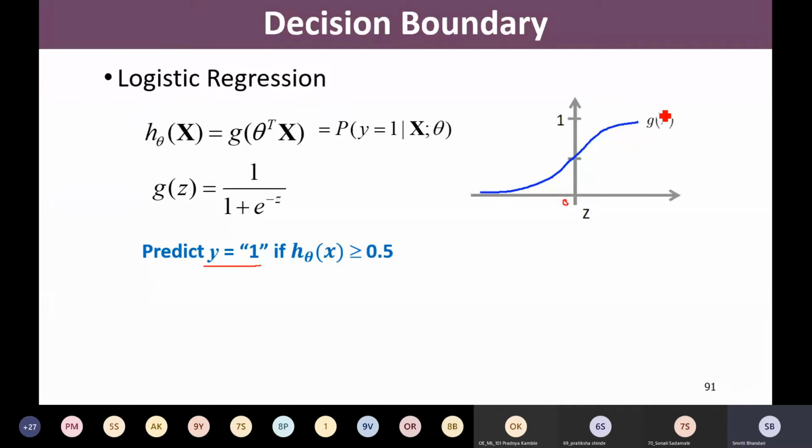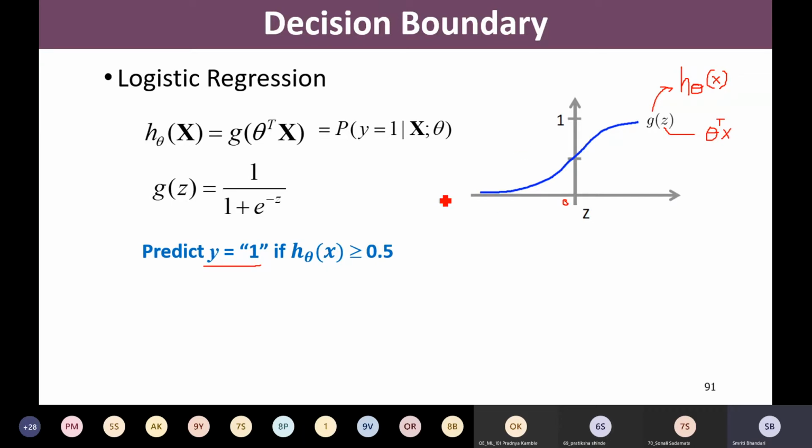This g of z is actually nothing but our h theta x, our hypothesis, correct? And this z is actually theta transpose x. Am I correct? Are you getting me?